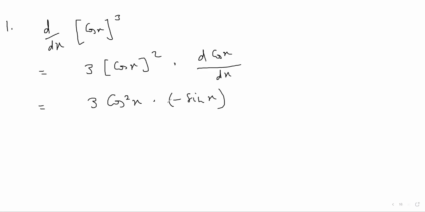So you just substitute that in there, and then to write your final answer in a neater way, you can write it as minus 3 sine x multiplied by cos squared x. And that is your solution. That is your answer for this one.